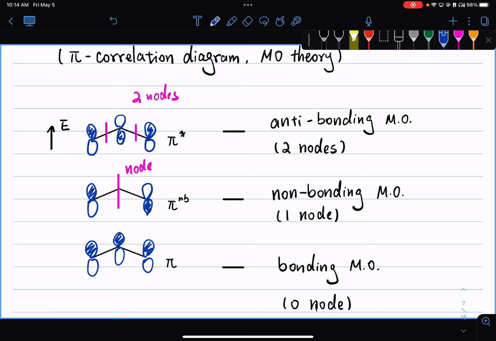You first write out the skeleton, and then you put the atomic orbitals on there. For the lowest one, we have 0 nodes, and that's the most stable molecular orbital. You go up, you have 1 node, that's the middle one. And when you have 2 nodes, that's the highest energy molecular orbital. So the more nodes you have, the higher that MO will be.